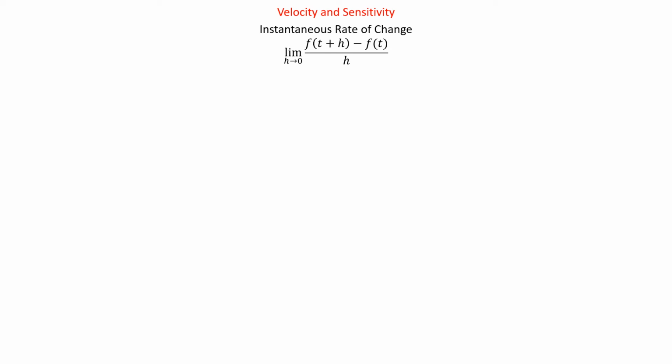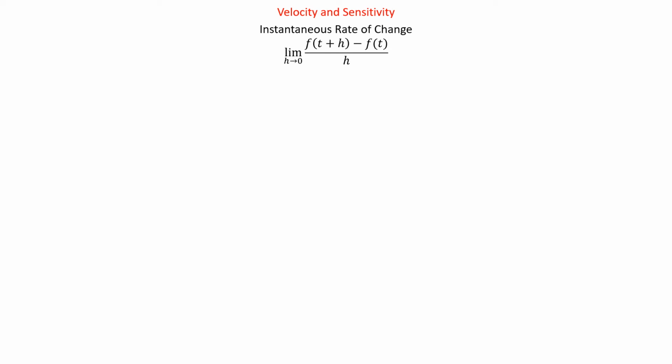Now you might be thinking, well, how is this different than what we did? It's not, kind of. What we're going to see here is how to find it for any point. So back a few slides ago, we found the instantaneous velocity when x equaled 1.